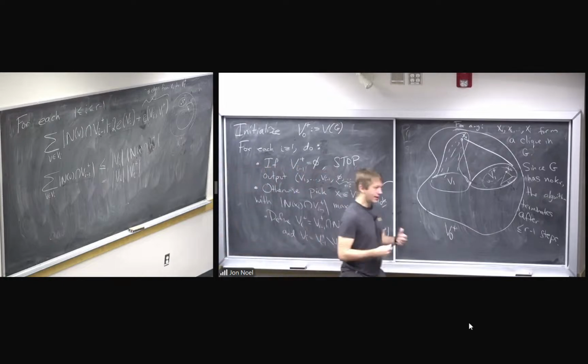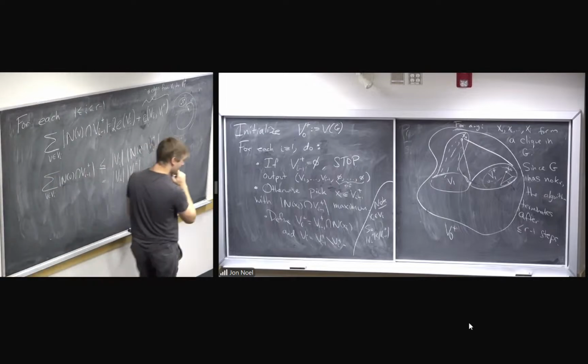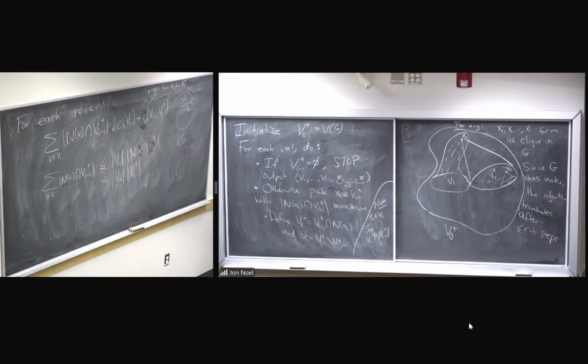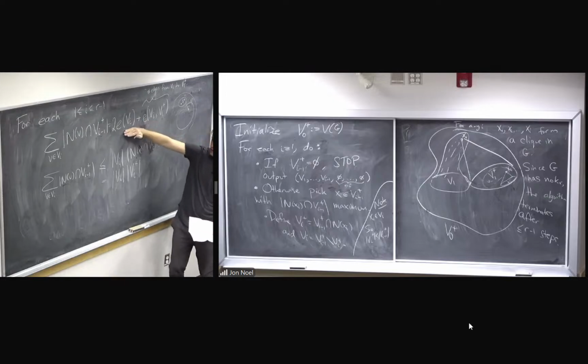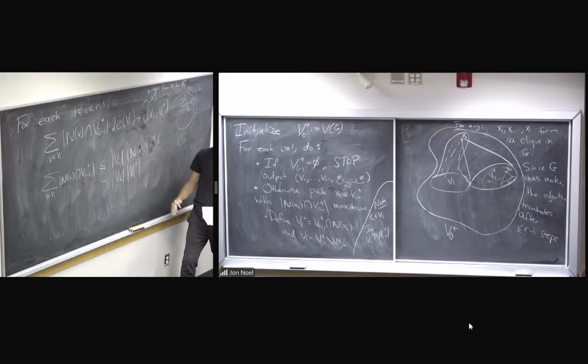This is really an exercise in a lot of double counting. But are this inequality and this equality clear? So this is equal to this, which is at most this. So let's sum this up over all of the indices i.